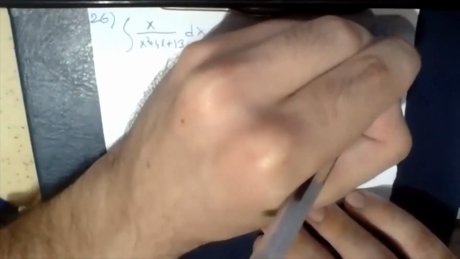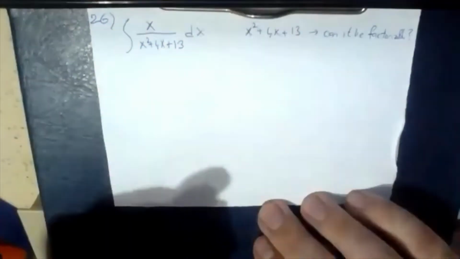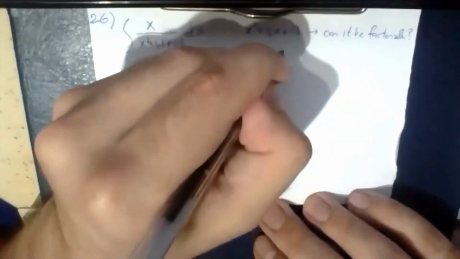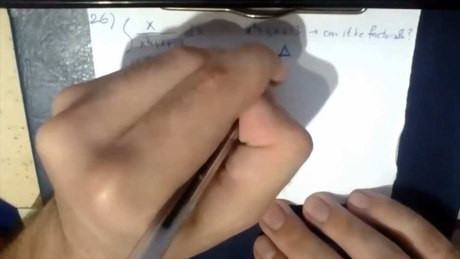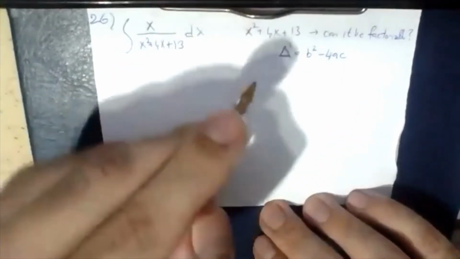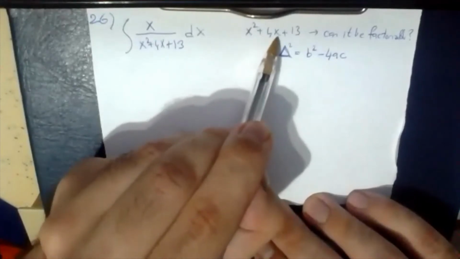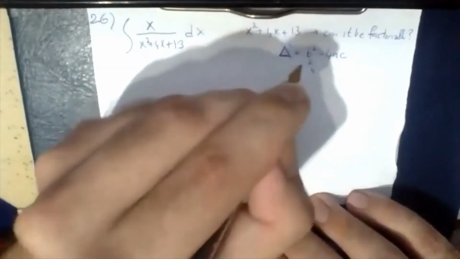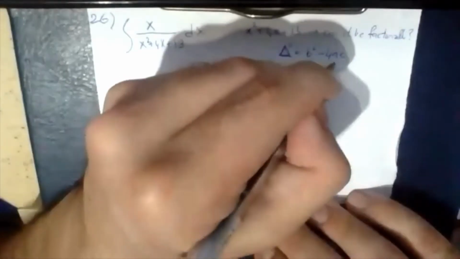Can it be factorized? To check it, we can look at whether the discriminant is positive or negative, which is b squared minus 4ac. What is b? B is the coefficient of x, it is 4. What is a? The coefficient of x squared. What is c?